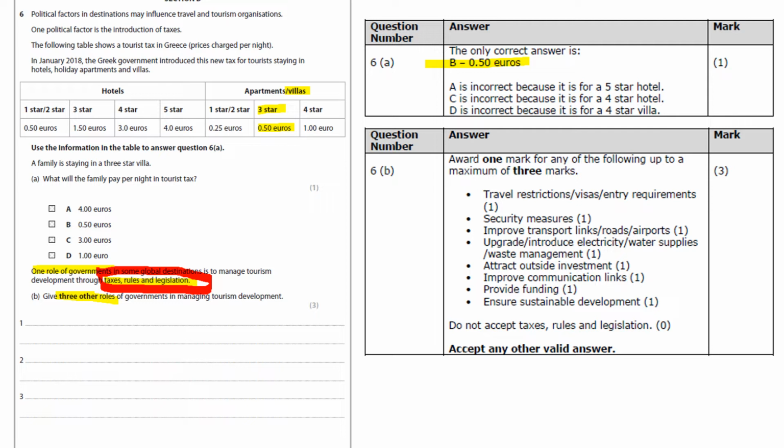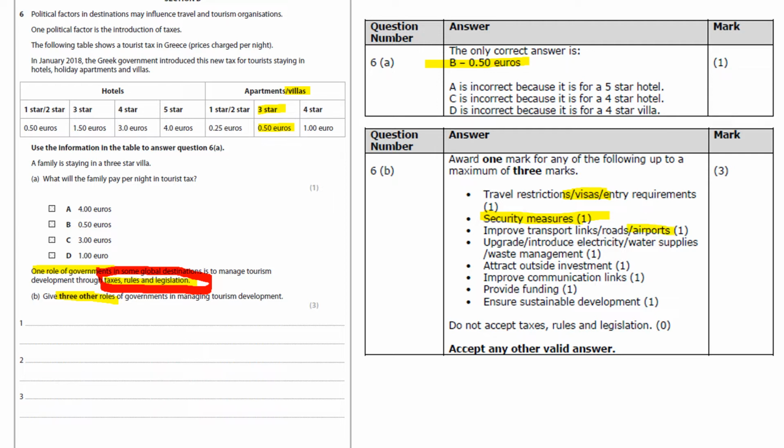What you need to do then is have a think about how governments do things that don't involve making laws or charging. So it could be visas. We know in some countries you have to have a bit of paper that says you can go there. That wouldn't be a tax or a rule or legislation. It could be security measures, about providing a safe place, about the police, about making sure there's not a threat of terrorism.